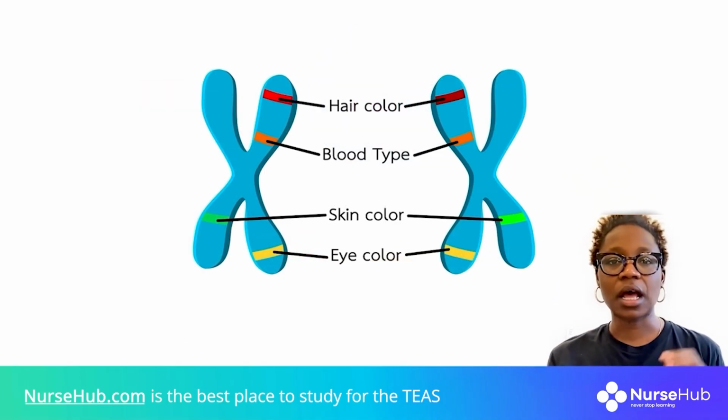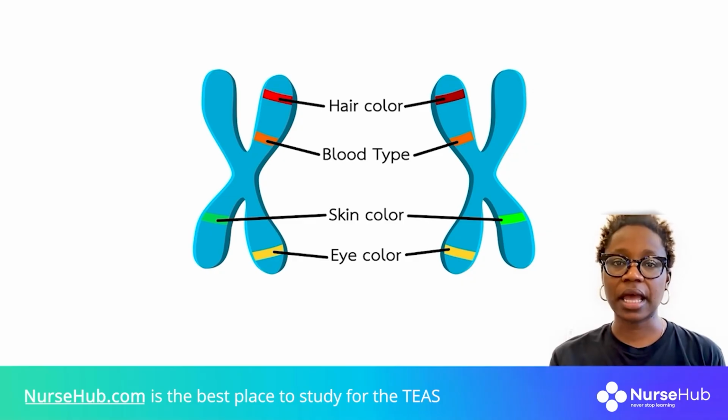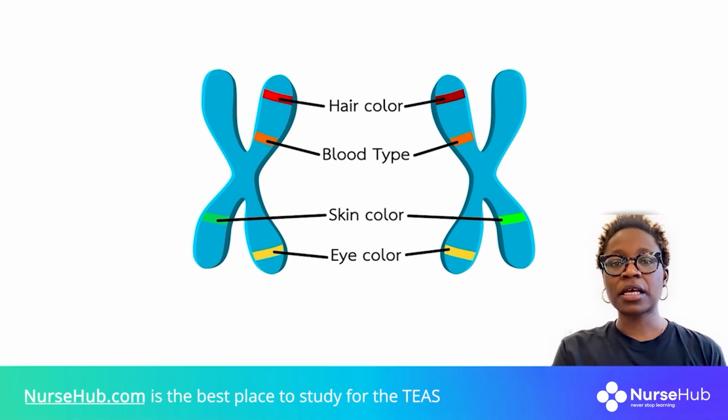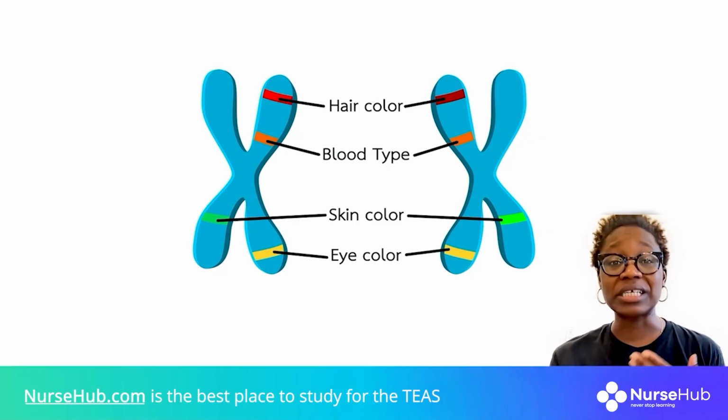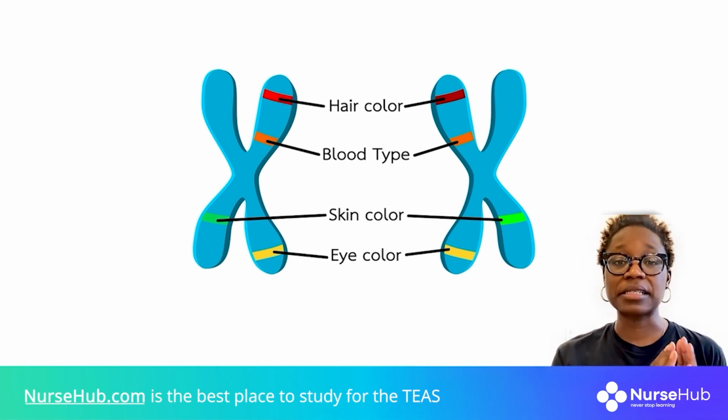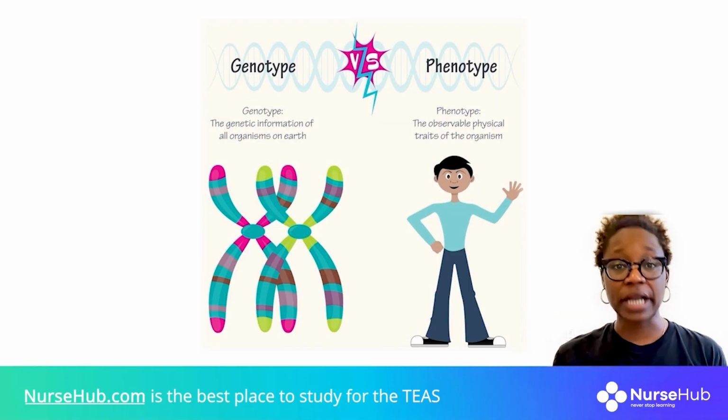So let's dive in a little bit more into understanding dominance itself. There is a way to predict which traits show up, or ones that we see in offspring. We call that a phenotype. So let's familiarize ourselves with the term phenotype. Its opposing term would be genotype. So a genotype is an organism's genetic makeup, right?